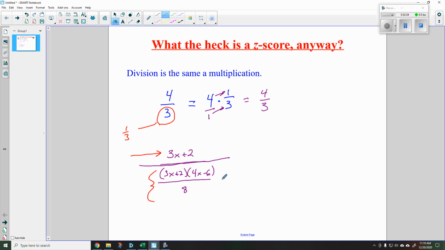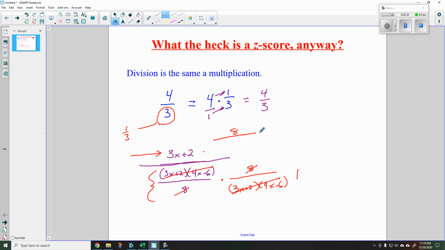Well, to get rid of the 3 layers, I could multiply my denominator by its reciprocal, 8/(4x minus 6), and that crosses out, so that I just have 1 on the bottom. But if I do this on the bottom, I also have to do it on the top.